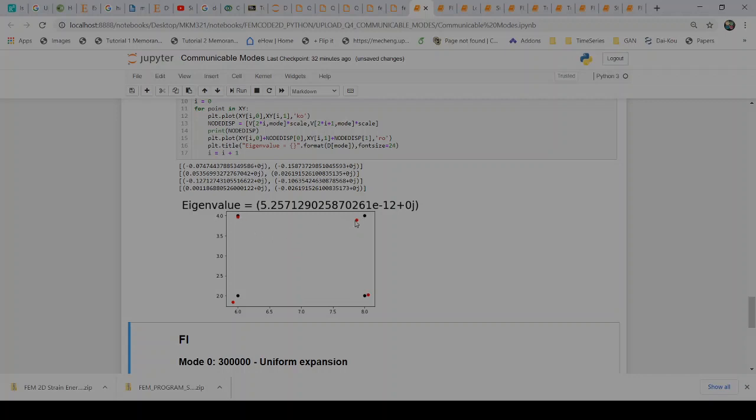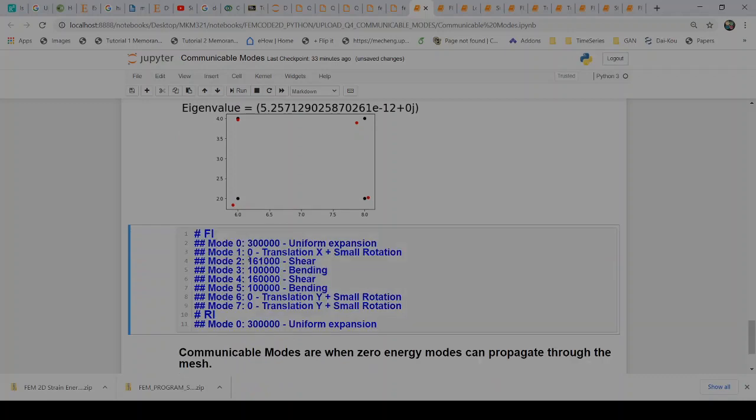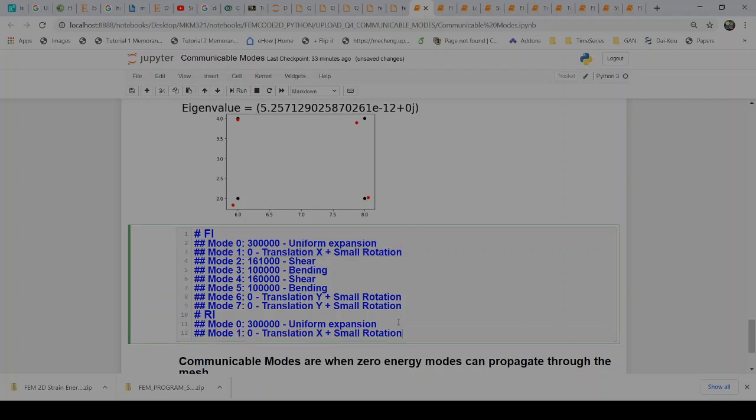This one has moved in, this one has moved out, and this one has moved out. So it looks to me like bending plus a small rotation. It's not just translation in X because things are. So to be honest with you, mode 1 looks to me like bending plus small rotation.